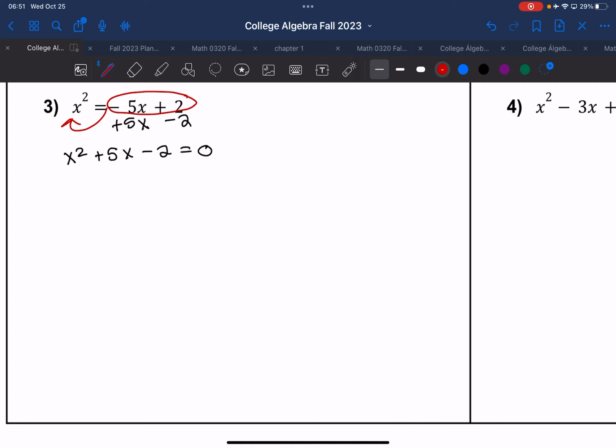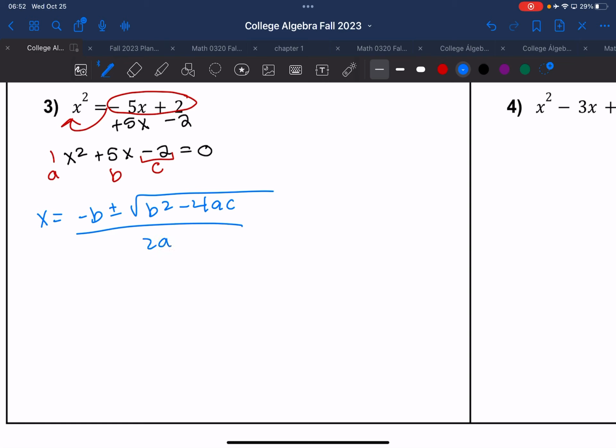Okay. Now that it's in standard form, what is going to be my a, b, and c value? a is going to be 1, b is 5, and c is 2 or negative 2? Negative 2. Make sure we include the sign in front. Okay. Again, I'm rewriting my formula so I can start plugging everything in.